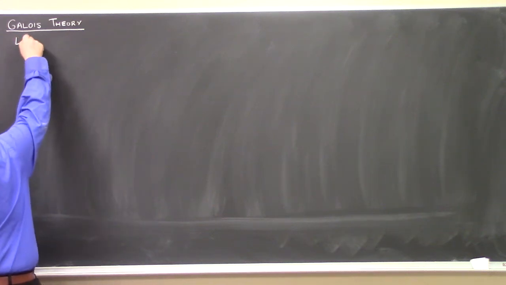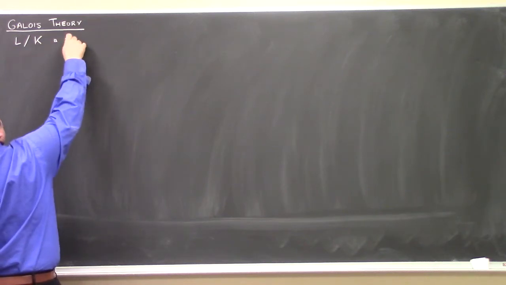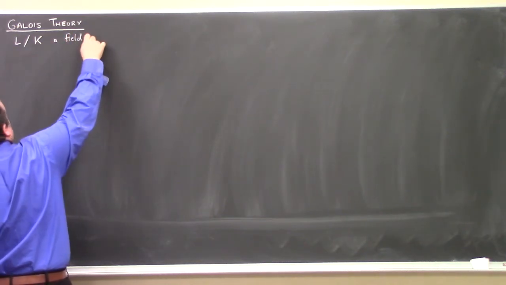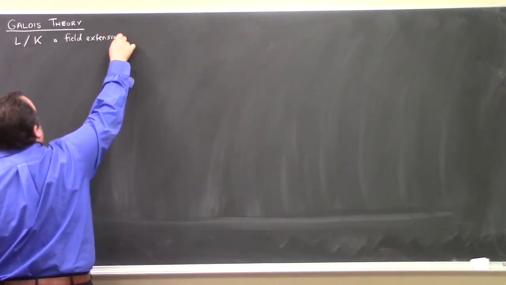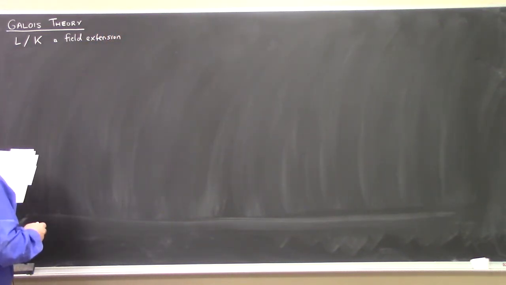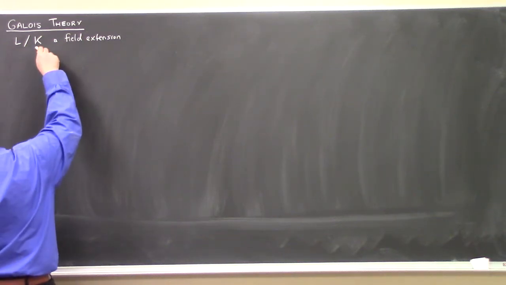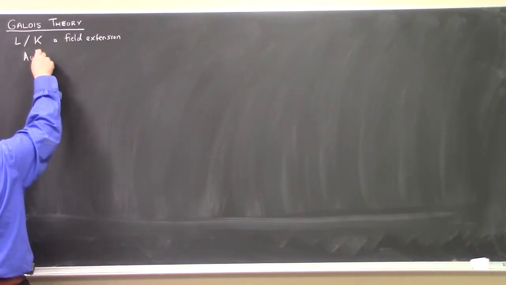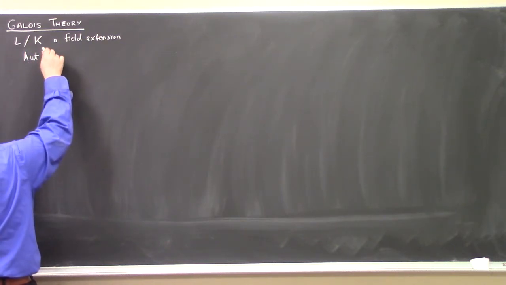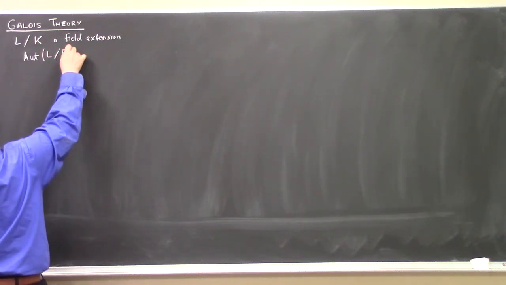It's like L over K, a field extension. So he uses K for the base field and L for the extension field, right? And then the basic definitions that I was fussing with: here's the F fixing automorphisms of L. So maybe F is a K intermediate field, I guess.